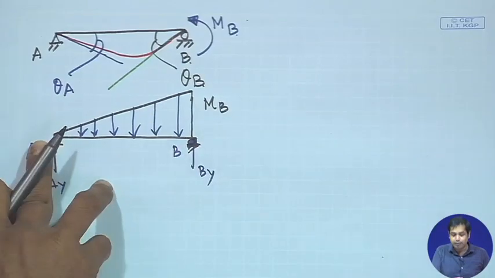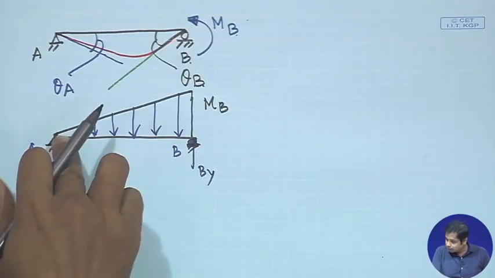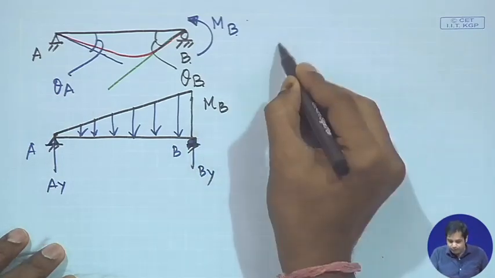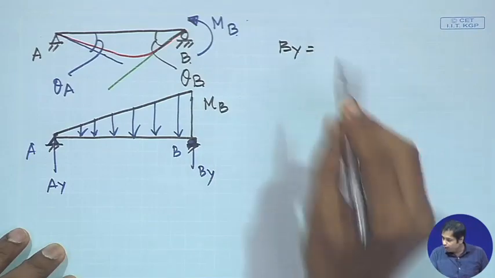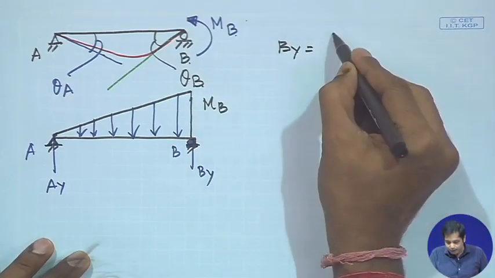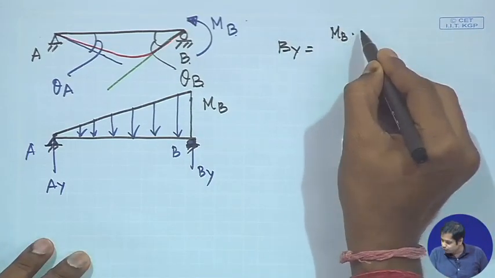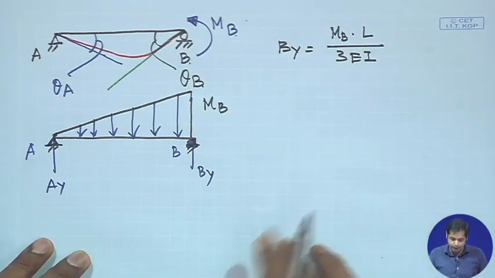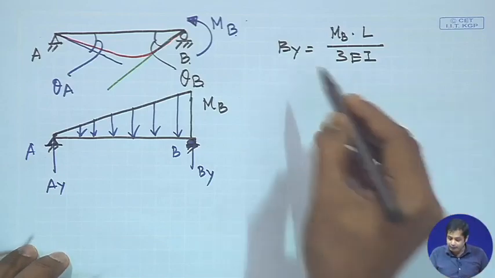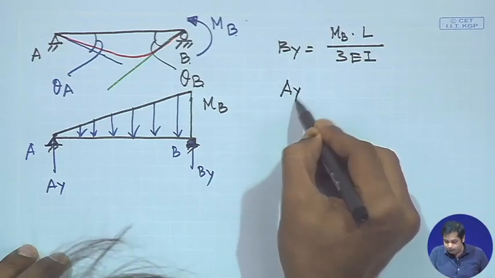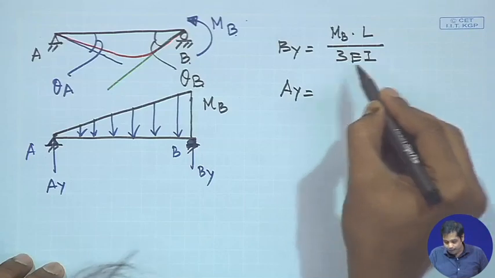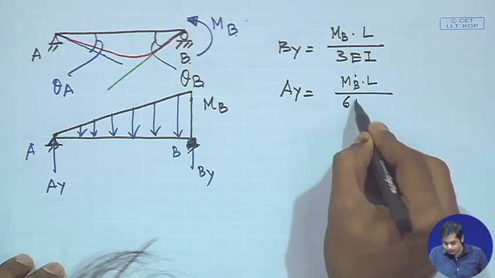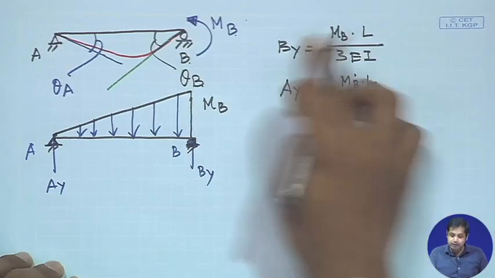If we take a moment about A, then BY will be ML by MB into L by 3 EI. And AY will be ML by MB into L by 6 EI. Okay. So, this is BY and AY.